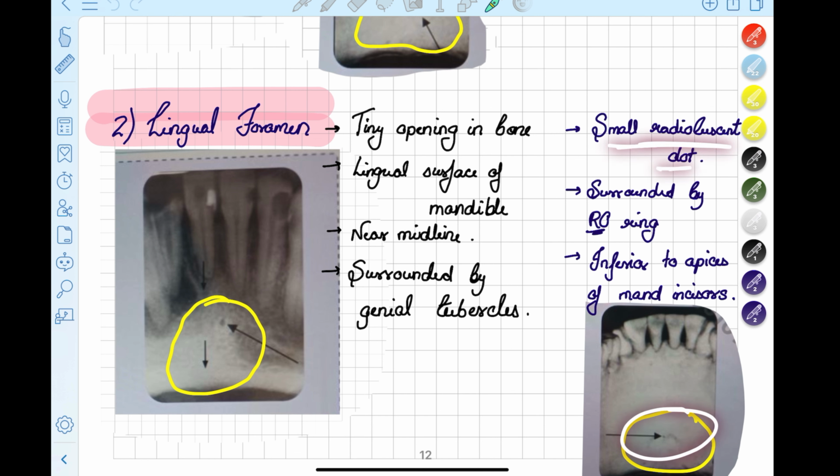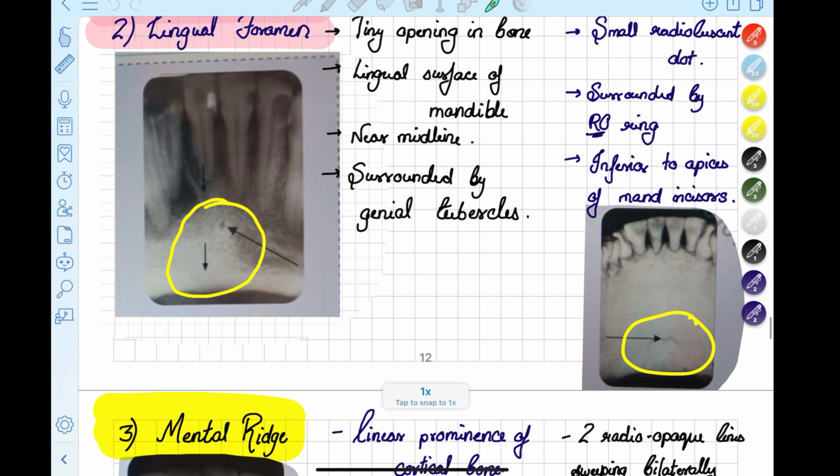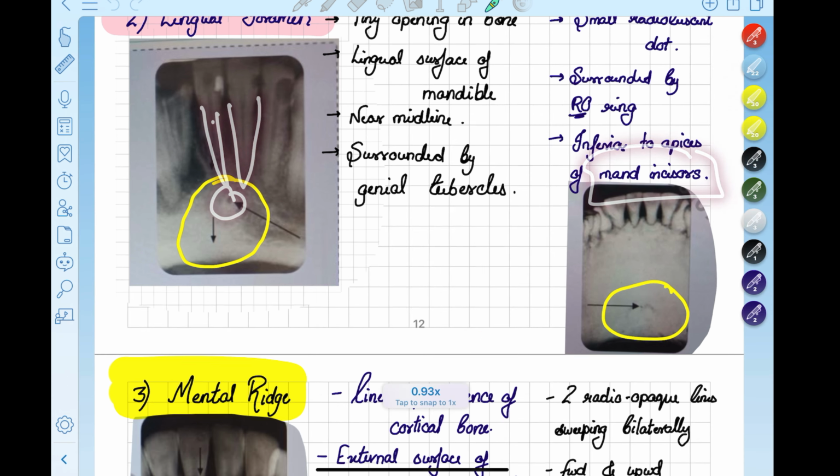As we can see here, they appear as a small radiolucent or black colored dot surrounded by a radiopaque ring. This is a radiopaque ring, and in between we have the radiolucent structure, which is nothing but the lingual foramen. It is inferior to the apices of the mandibular incisors. It is located near the apices. Apices is nothing but the root apex of the mandibular incisors.